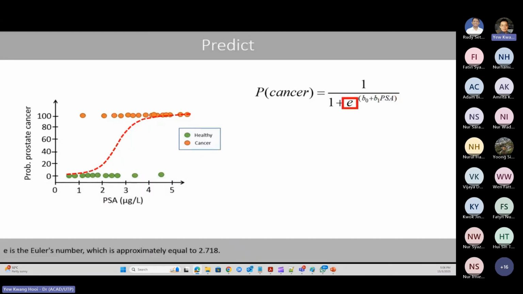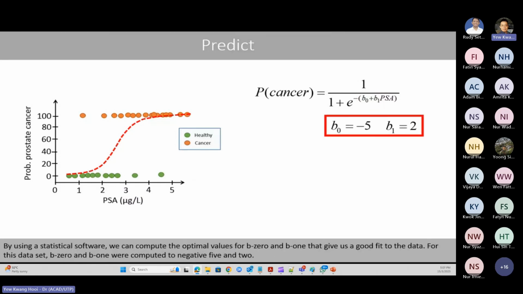E is Euler's number, which is approximately equal to 2.718. You see beta naught and beta 1. B0 and B1 are the parameters that we like to estimate, similar to what we do in linear regression. By using statistical software, we can compute the optimal values for B0 and B1 that give us a good fit to the data. For this dataset, B0 and B1 were computed to be -5 and 2.